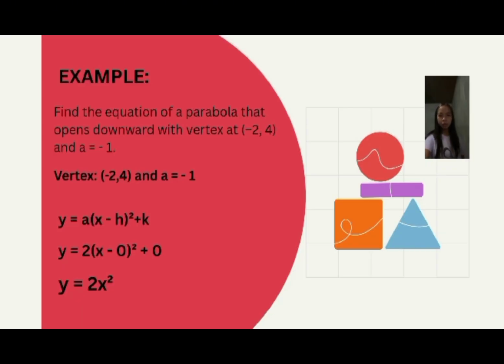Example: find the equation of the parabola that opens downward with vertex at positive 2 and negative 4, and a equals negative 1.